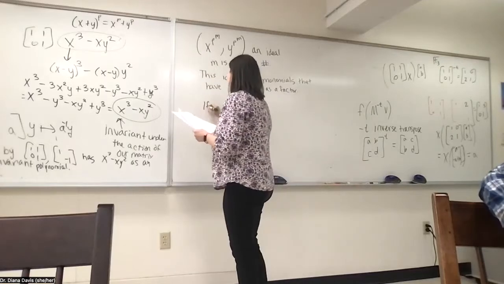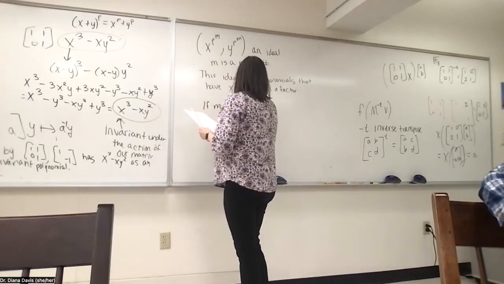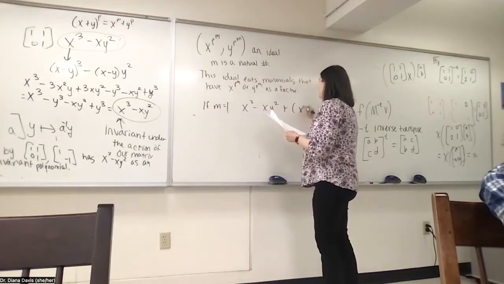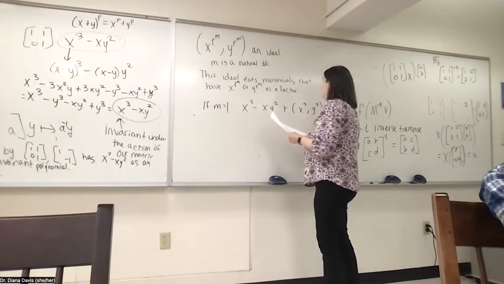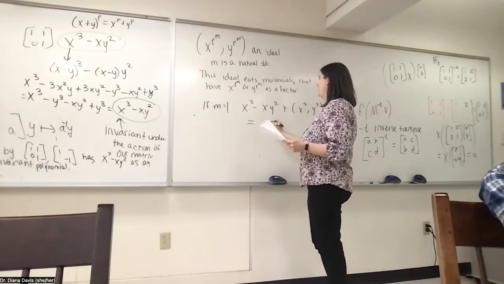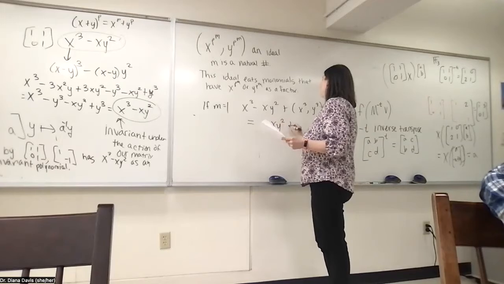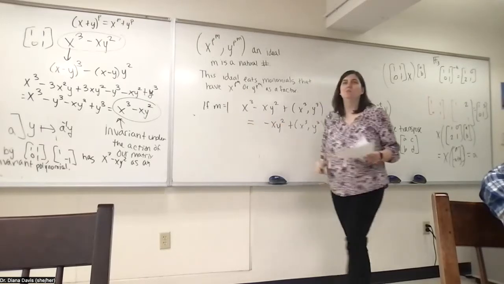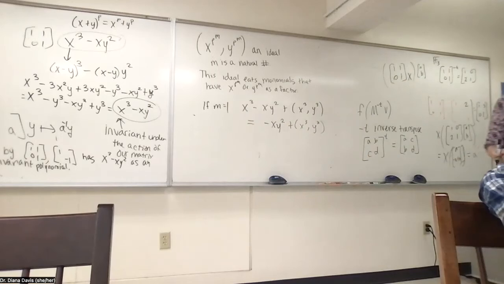So, with m equals 1, x cubed minus xy squared plus this ideal, this is how you would write it, is going to be the same thing as negative xy squared plus this ideal because it eats this first term. It's like the modular arithmetic but on steroids that we did earlier.